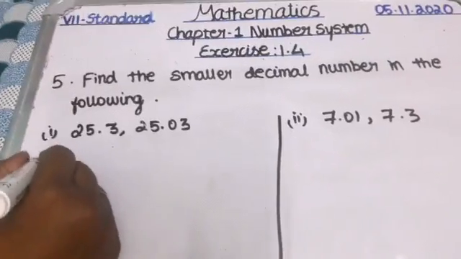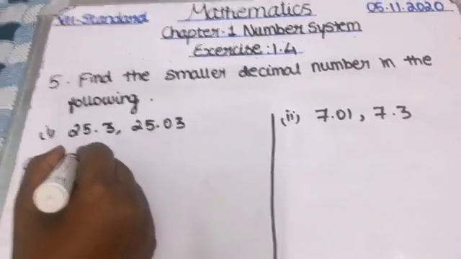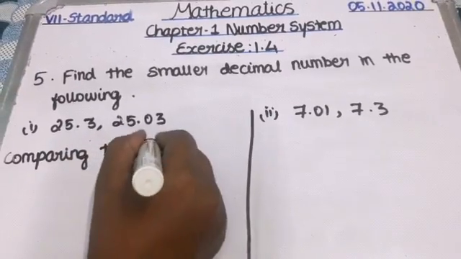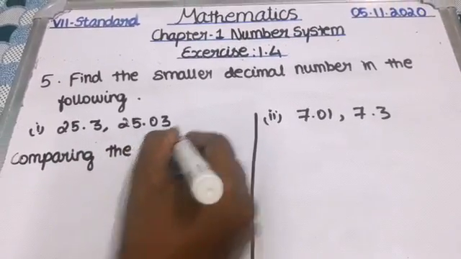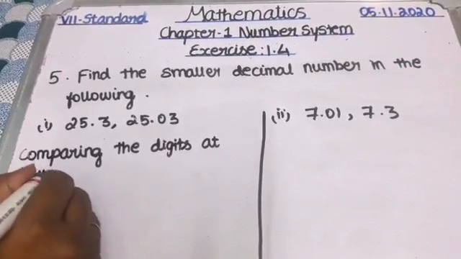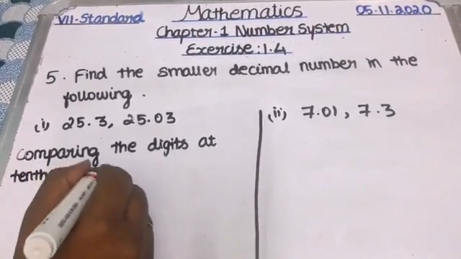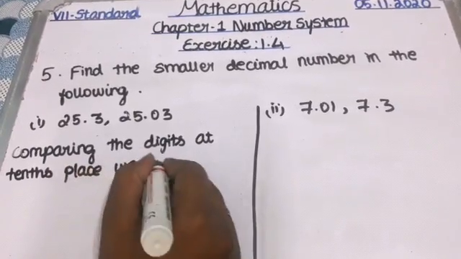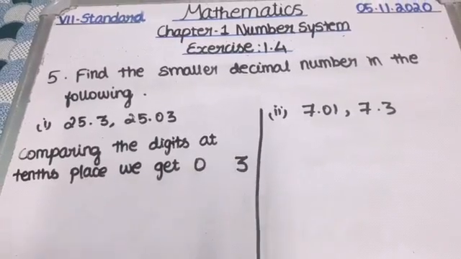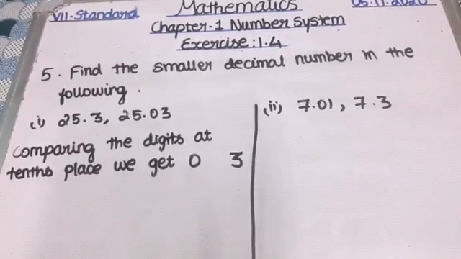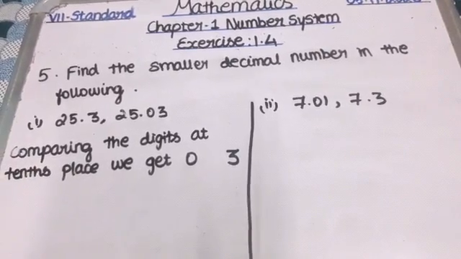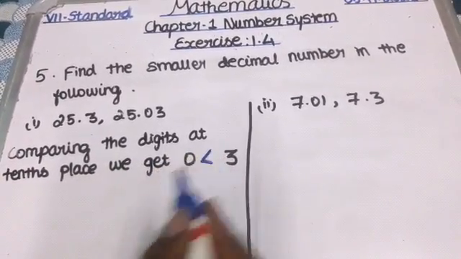So we need to compare the digits at the tenths place. Comparing the digits at the tenths place, we get 0 and 3. Here with 0 and 3, which is smaller, because we need to find the smaller number? 0 is smaller than 3.